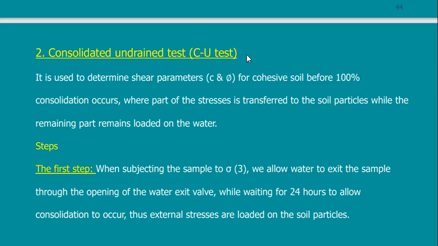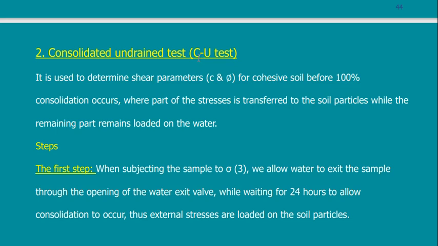Because I added the load a long time ago, so the soil is consolidated. And then I remove this building and I put a higher building. What will happen? Though the soil is consolidated, the higher building is now at the start of the consolidation for the new load. So this is the case of consolidated undrained.